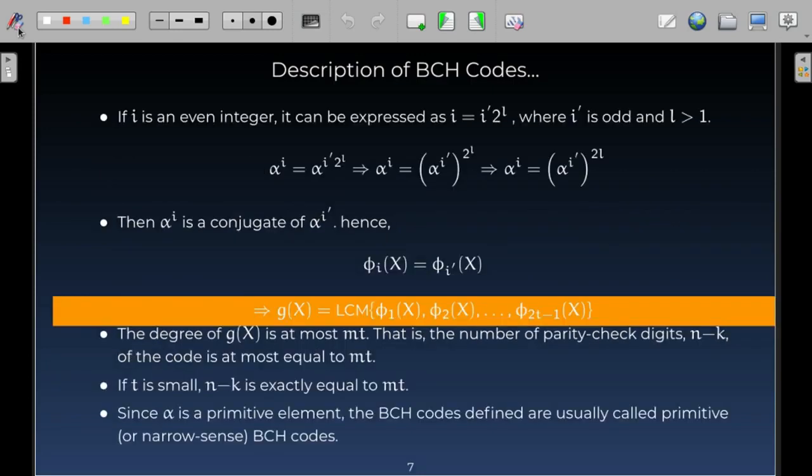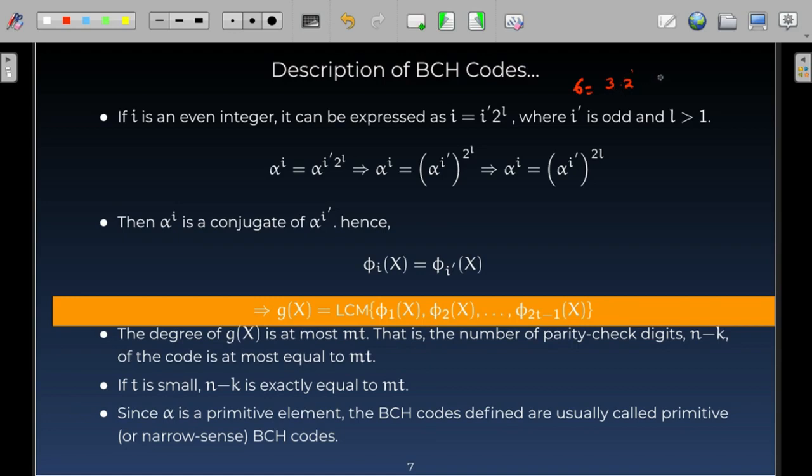Now let's consider that i is an even integer. In that case, i can always be represented as i equal to i dash times 2 to the power l. For example, 6 can be written as 3 times 2 to the power 1.